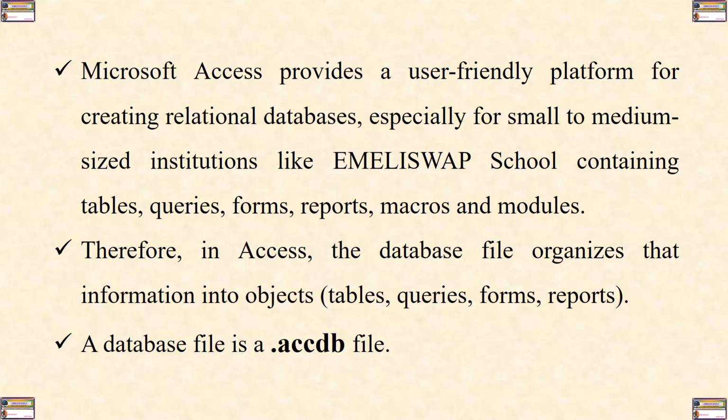So a database file that is created using Microsoft Access is saved with .accdb, which is automated. Your work is simply to save your database with the name that you are giving it, for example, MediSwap School. And once you do that, Microsoft Access will automatically add the extension .accdb, which indicates that this is a file created using Microsoft Access and it is a database.